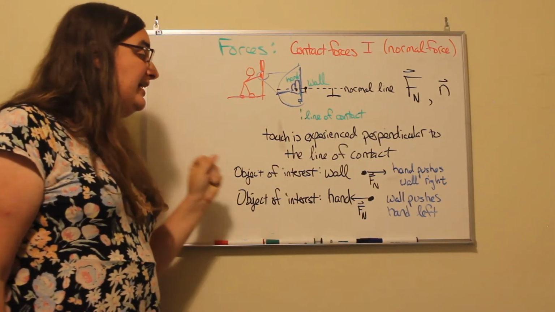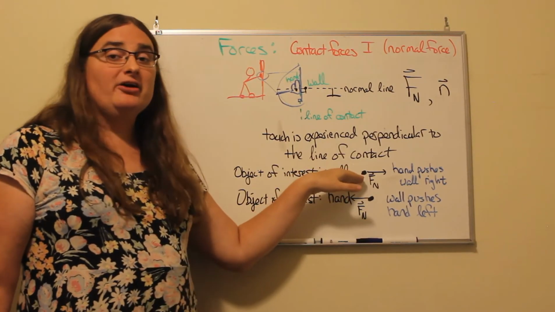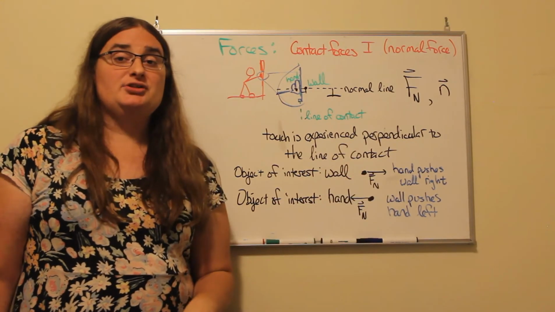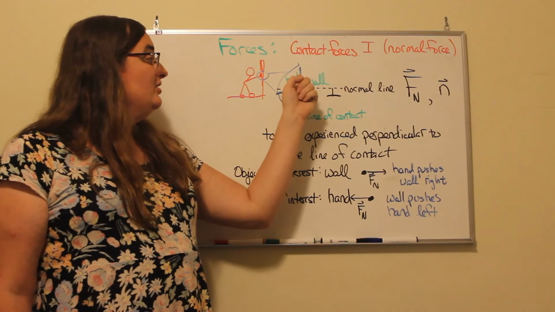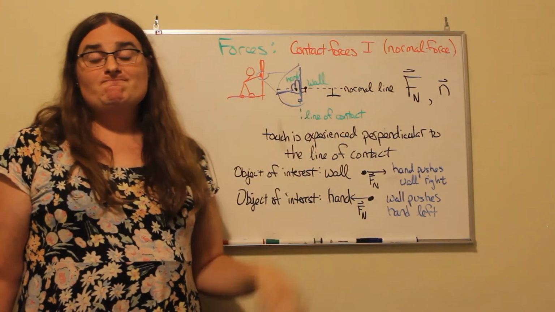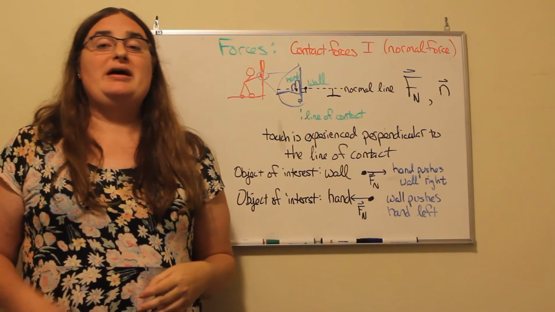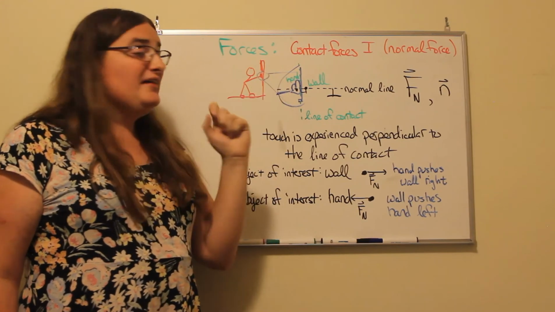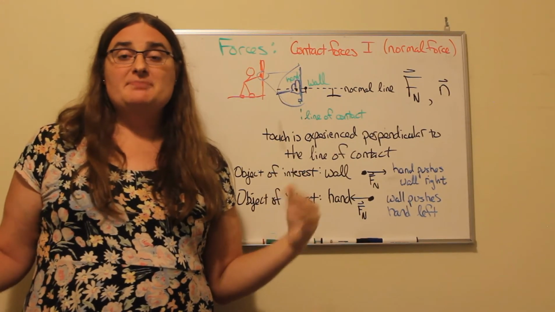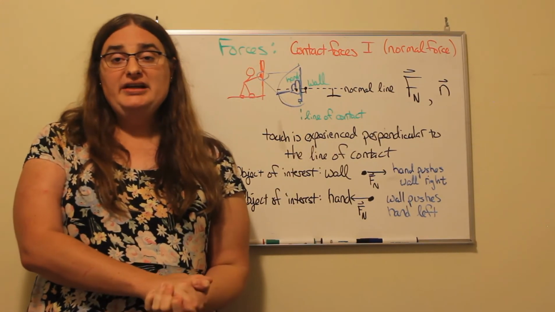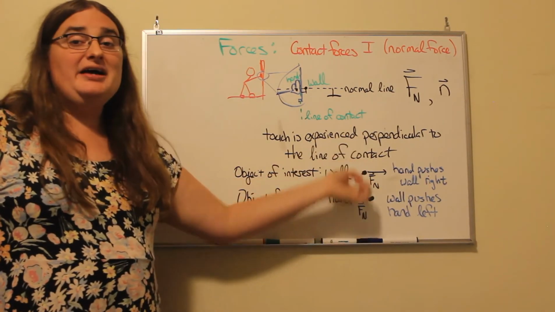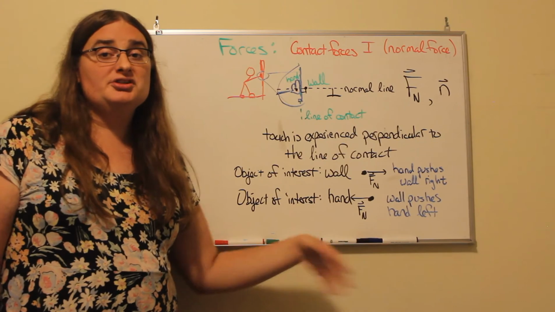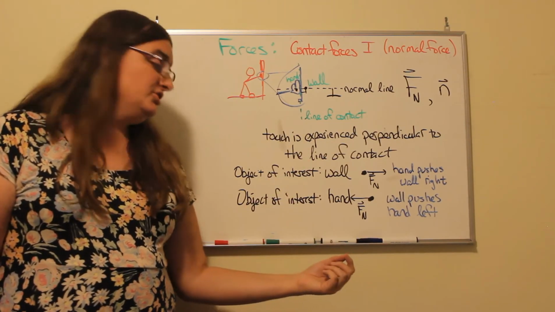And the interaction is saying, when we care about the wall, this is how we draw it. When we care about the hand, this is how we draw it. And if we care about what's going on in the entire room around us, where both that hand and that wall happen to be internal to what we're looking at, then Newton's third law says it doesn't matter, because that's an internal force and not an external force.